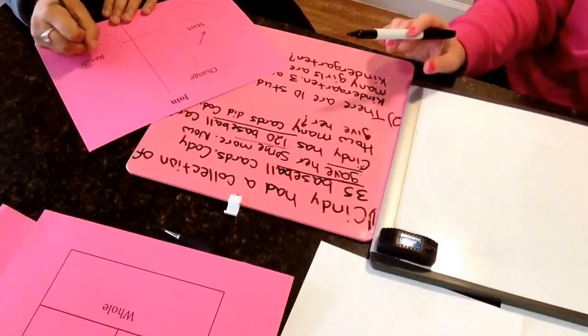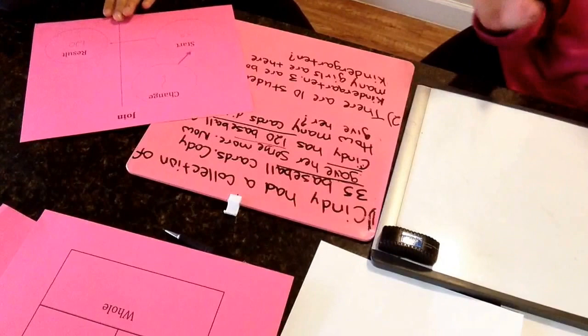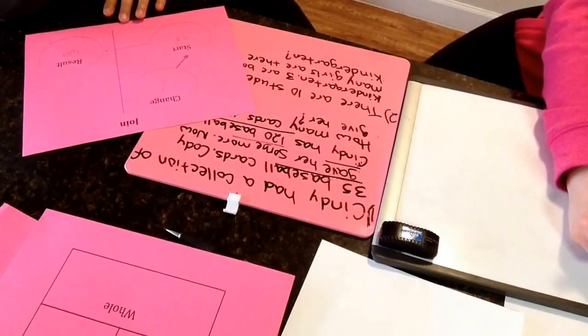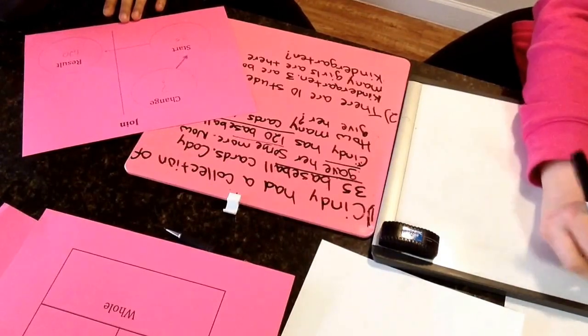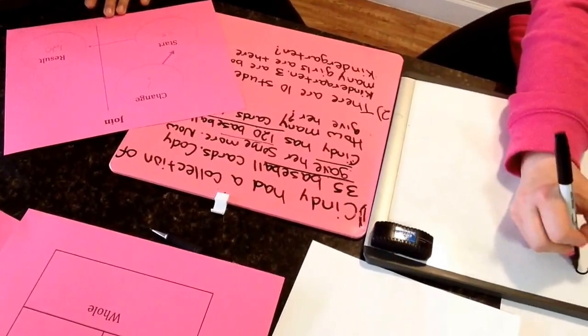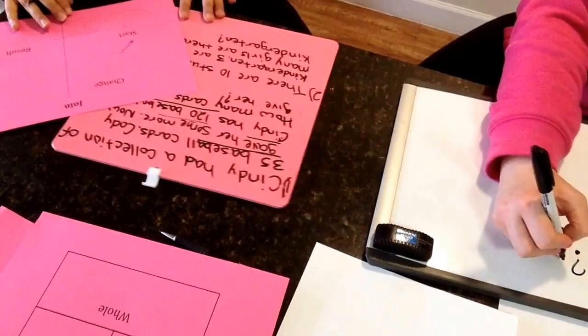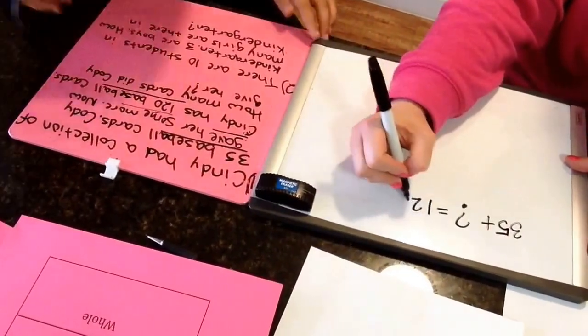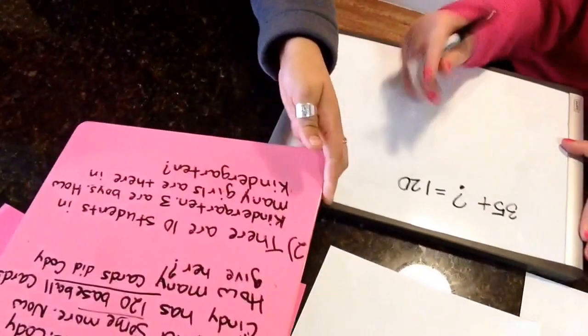Okay. So what if we could put this in an algebraic equation? We could say Cindy had 35 baseball cards plus, we don't know, so we're going to put a question mark there, and we have 120 all together, correct?